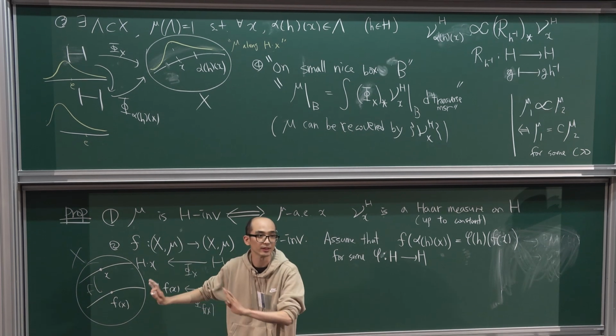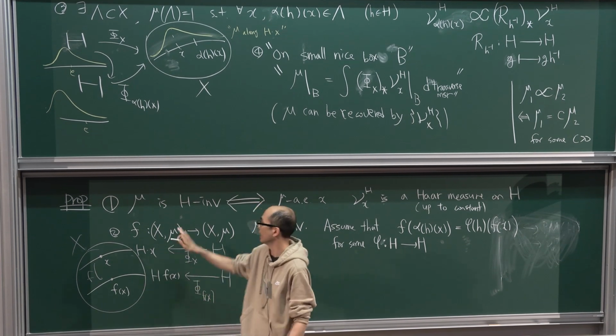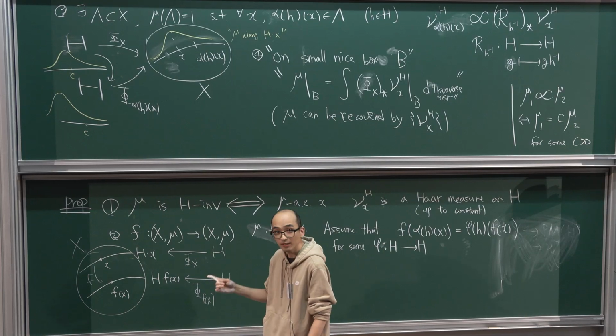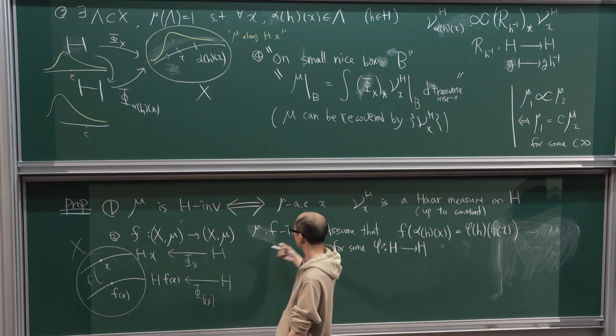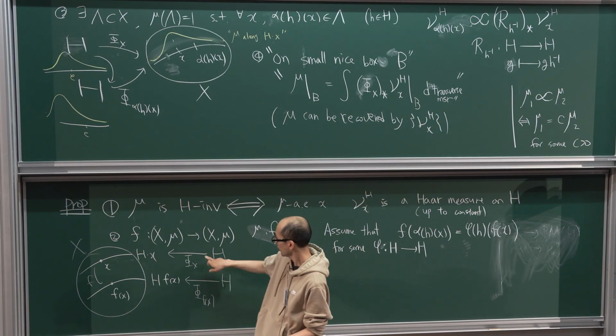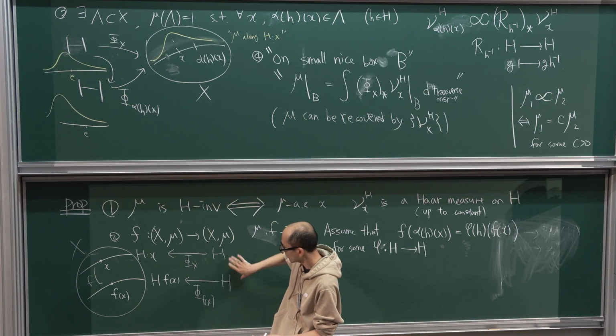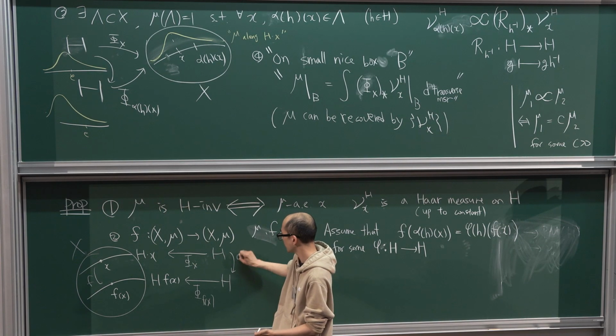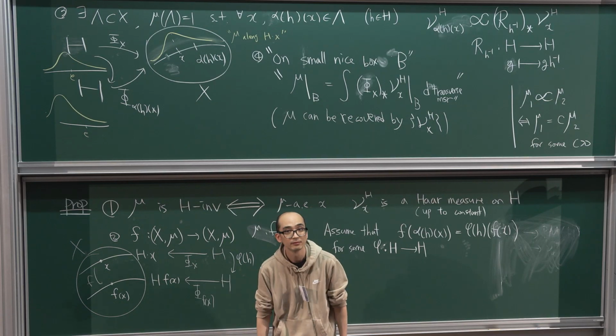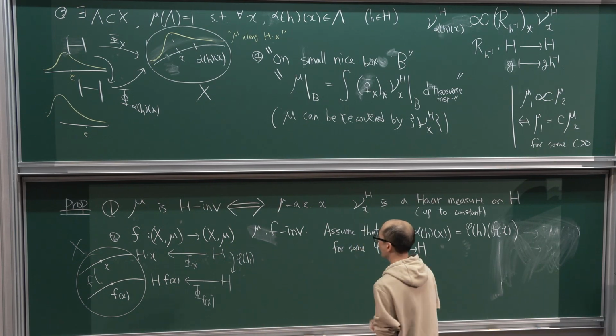So I don't know what happens on here. This is just an arbitrary measurable map. But there is a nice parameterization so that if you go to the parameterization, then your dynamics is given by just an automorphism, right?